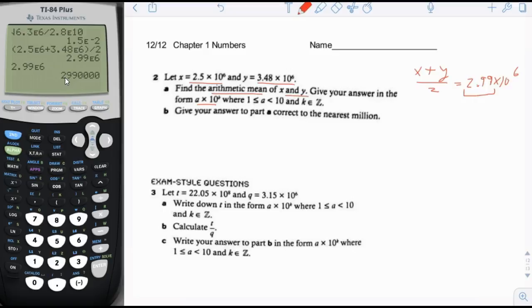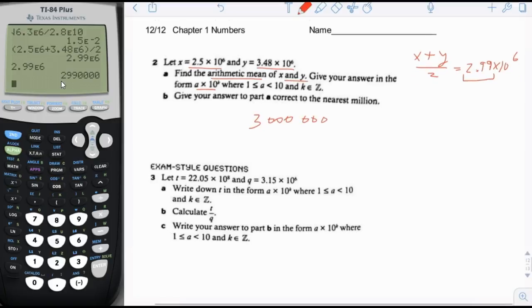In this case, if we wanted to round to the nearest million, then the 2 would be the last number we're going to keep. We can move it up to 3 if we want to, and it looks like we're going to because the next number is a 9. So the 2 is going to round up to a 3, and the rest of the numbers are just going to turn to zeros. So that is part A to the nearest million.